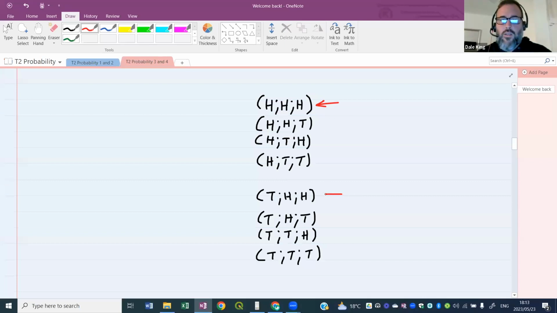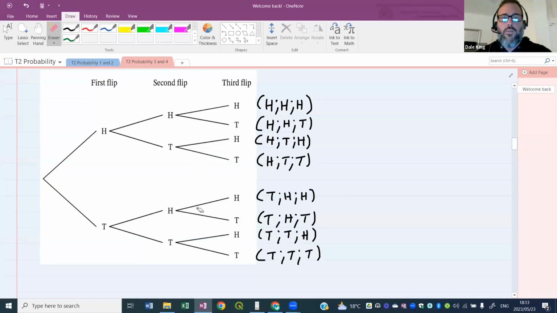This one says you got tails first, then you got heads and heads. And this one says you got tails first, then another tails, and then you got heads. All right. So looking at these results, we are able to see all the possible outcomes of our tree diagram. You should do that. If they ask you to draw a tree diagram, it's not just the tree and the branches. These bracketed results and notation are also needed.